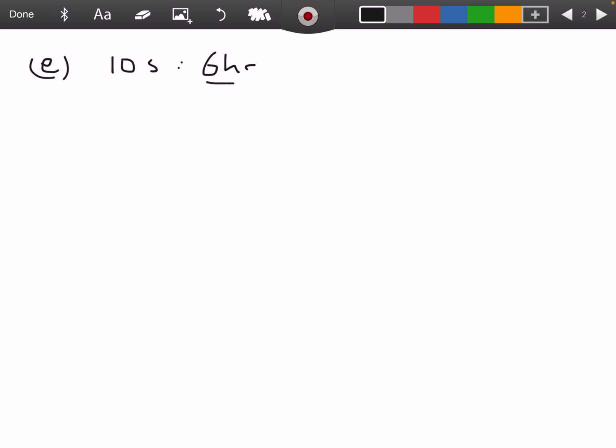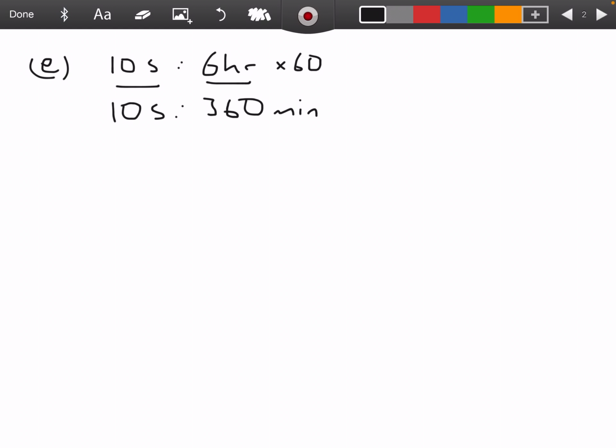So I'm going to change hours into seconds. I'm going to change hours into minutes first and foremost by multiplying by 60, and that will become 360 minutes. And then I want to change that 360 minutes into seconds.